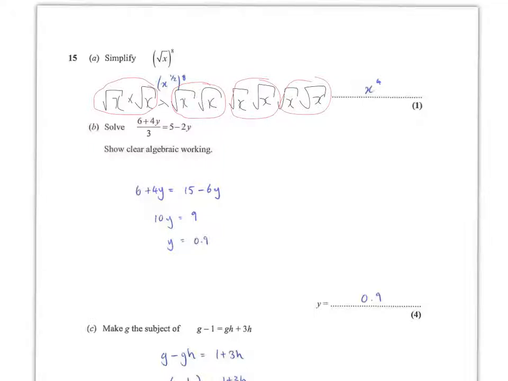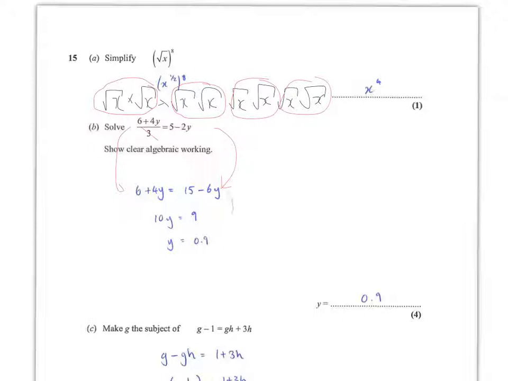Solving this algebraic equation, our first step is to get rid of the fact that on the left hand side we've got to divide by 3 by timesing by 3. So times both sides by 3. This would cancel out the divide by 3 on the left hand side, and multiplying everything on the right hand side by 3 leaves you with a 15 minus 6y.